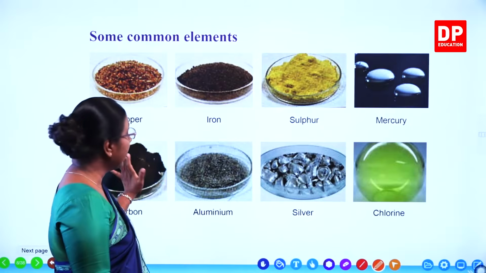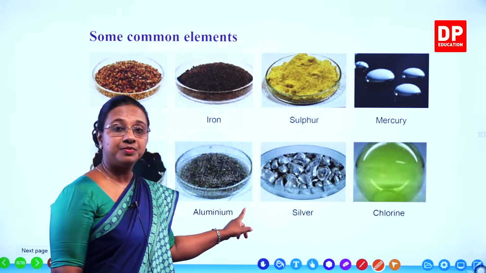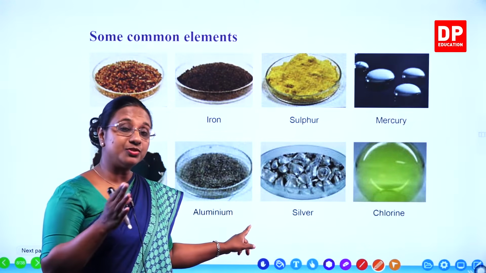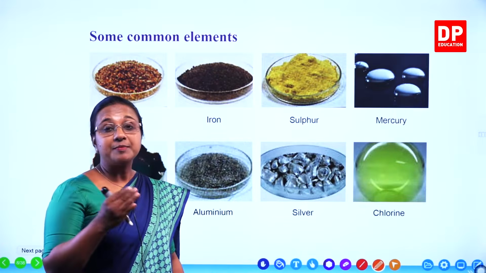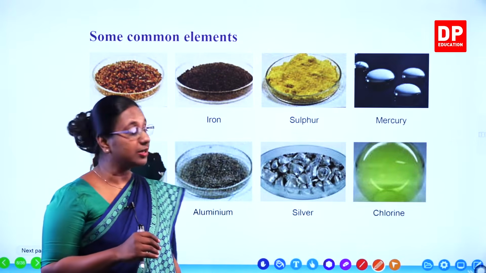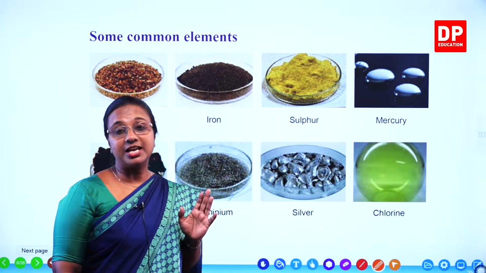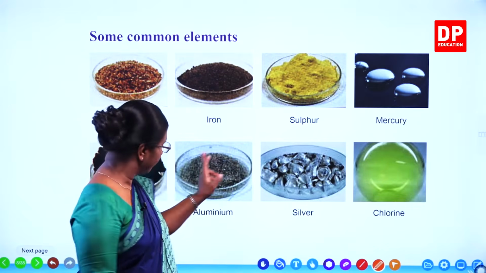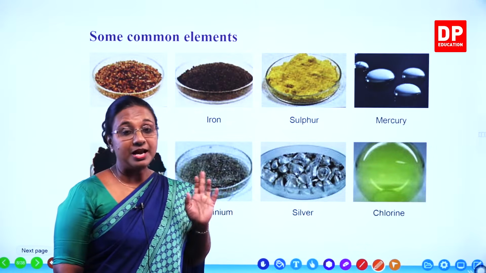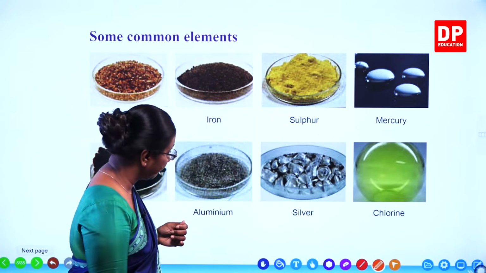So that again has a different property. Then if you take aluminium, a metal with a silverish look, that also is familiar to you. Sometimes we have aluminium frames, things made up of aluminium at home. Then silver. Silver is also a silverish shiny metal, but you can differentiate aluminium from silver by looking at it, if you have seen those.